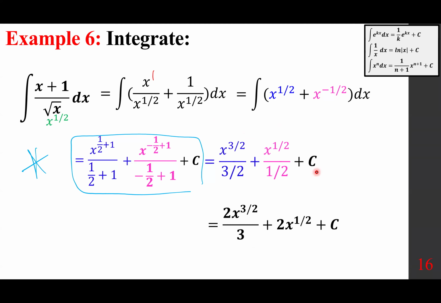You can leave it like that if you want, or put it in the same format as this one. Of course, this becomes 2/3 square root of x cubed, that's the first one, plus 2 square root of x plus a constant.